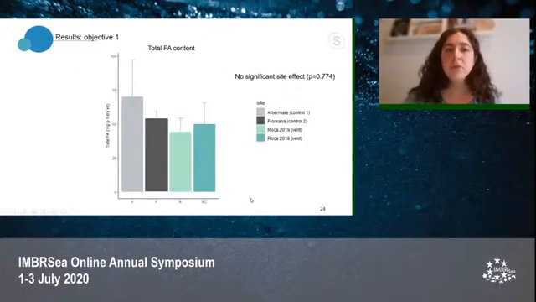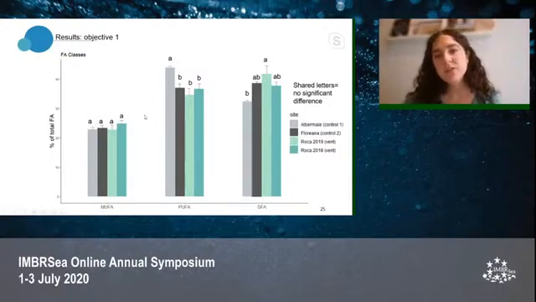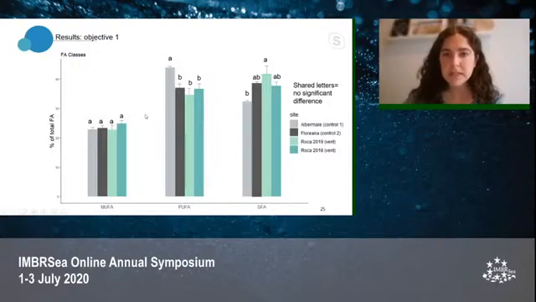Regarding the total fatty acid content, there's no significant site effect, even though the controls have slightly higher levels, it's not significant. And regarding fatty acid classes, here what we can see is that shared letters represent no significant differences, while different letters represent significant differences.